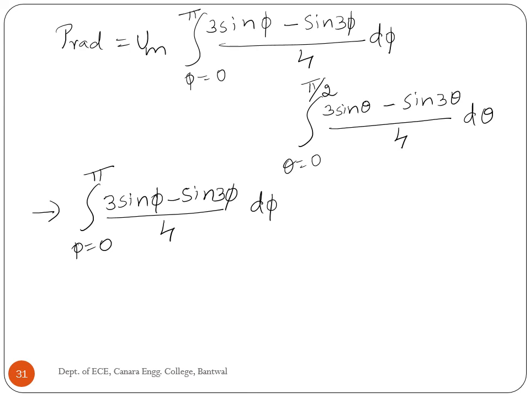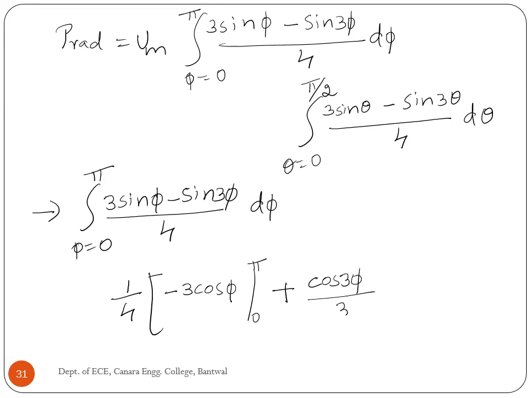So with 3 sin phi, 1 by 4 into minus 3 cos phi, limit 0 to pi, plus minus plus sin 3 phi is minus cos 3 phi divided by 3, when the limit is 0 to pi.